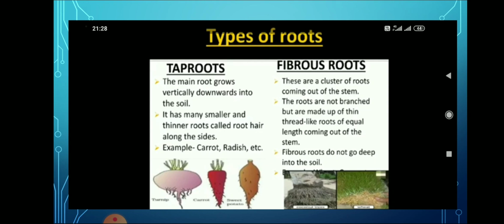Fibrous roots. These are a cluster of roots coming out of the stem. The roots are not branched but are made up of thin thread-like roots of equal length coming out of the stem. Fibrous roots do not go deep into the soil. For example, roots of grass, roots of maize plant.